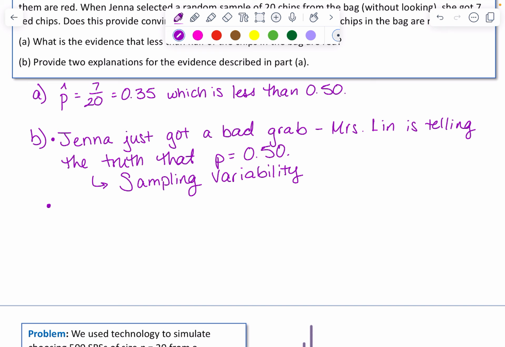The next reason could totally be Mrs. Lin is lying. So Mrs. Lin is lying, and p is less than 50%. So no wonder Jenna got less than 50% in her sample.